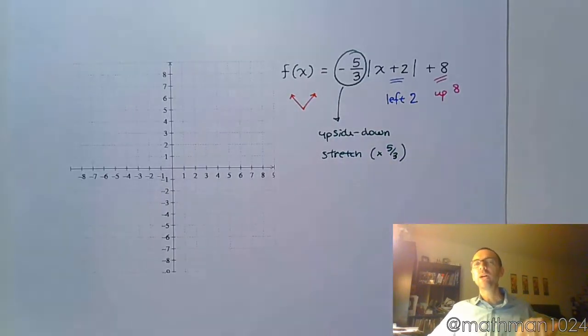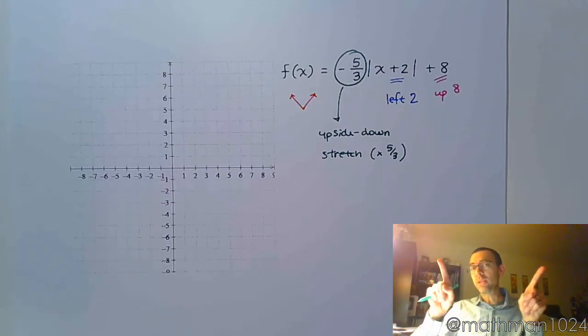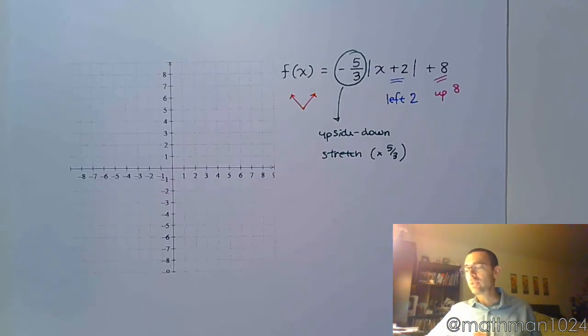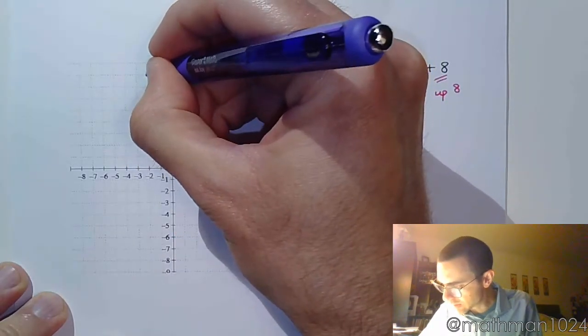Now, I'm not typically going to put a fraction like 5/3 in front of these functions unless it's something like absolute value, because absolute value is made up of those straight pieces. So it's really easy to not really do a stretch of 5/3 as much as we are doing a slope of 5/3. All right, so starting off, we are left 2 and up 8.